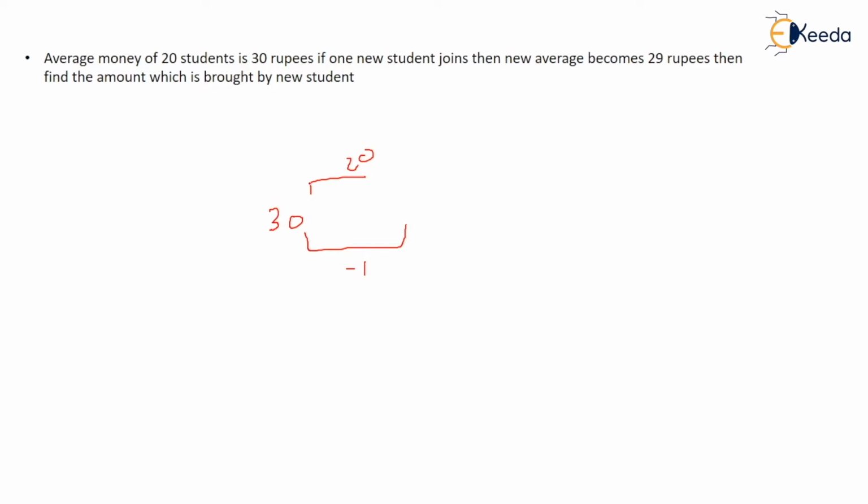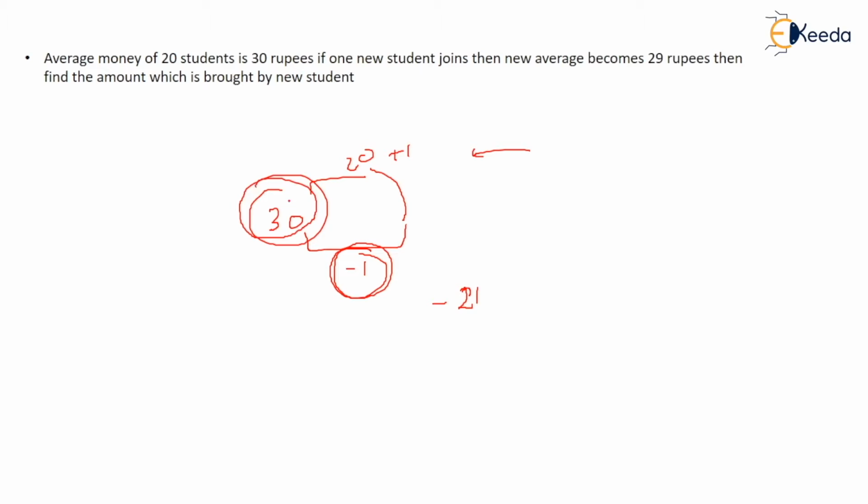So after one person came, the average was reduced by 1 rupee. So there are 21 people, and 21 people reduced by 1 rupee each, so minus 21.